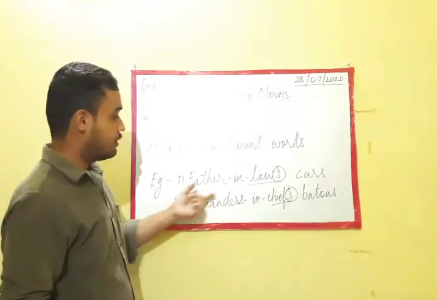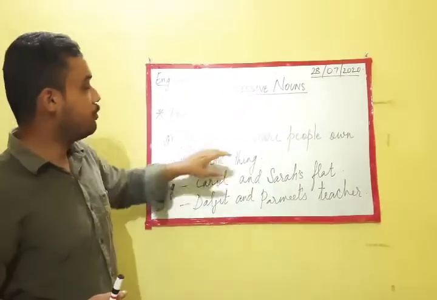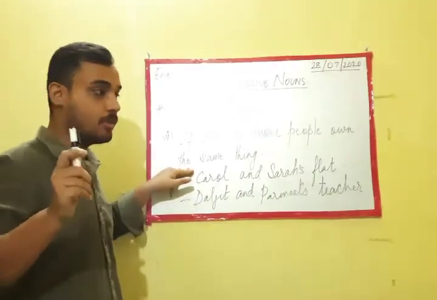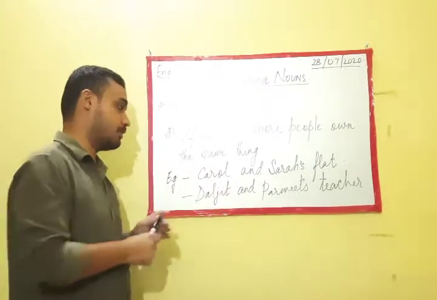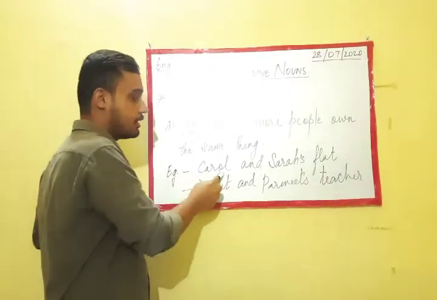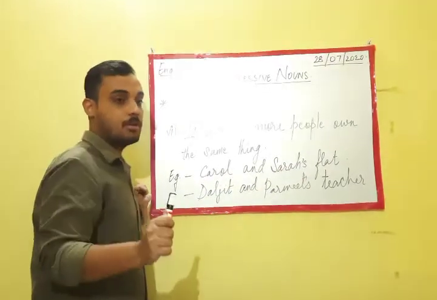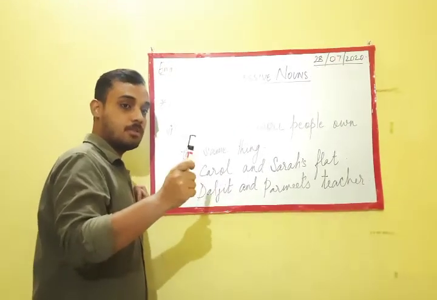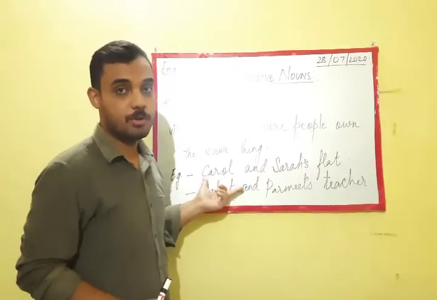Next point about the formation: if two or more people own the same thing, how to form a possessive noun? Example: Carol and Sarah's flat. Always remember, whenever we write the names of two persons but the belonging is only one, the flat belongs to both persons.